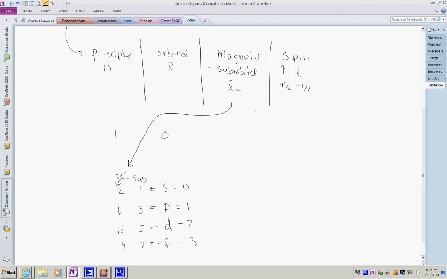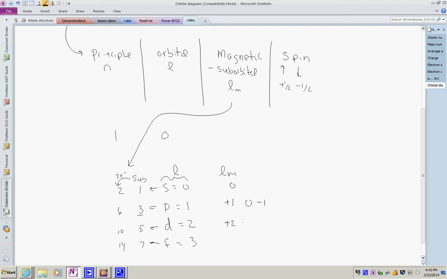So we often describe these numerically. This is the number system for the l, and then for the magnetic it would be 0 for the 1 suborbital. Then this guy has 3 suborbitals, which would be plus 1, 0, and minus 1.